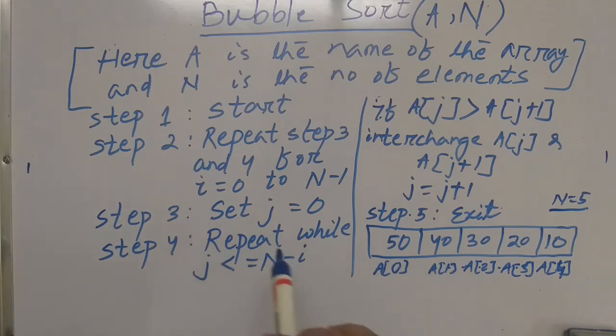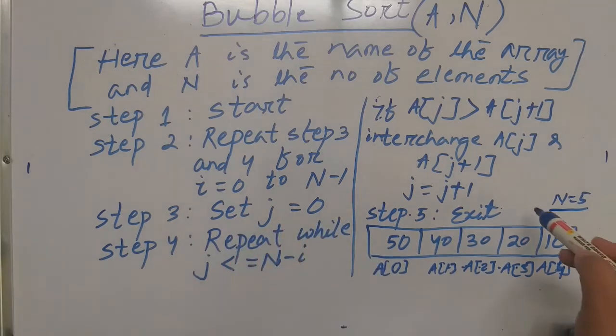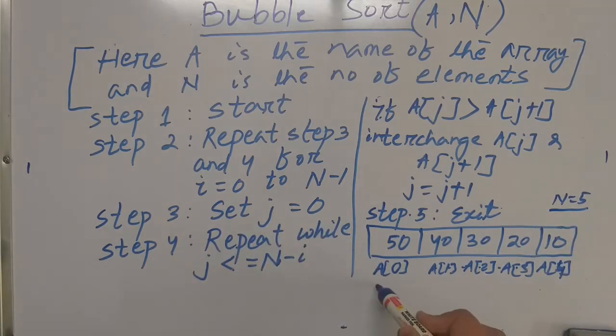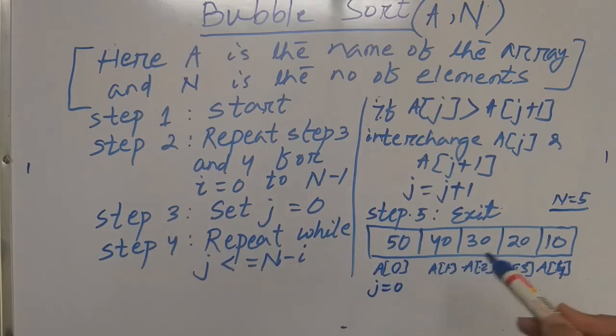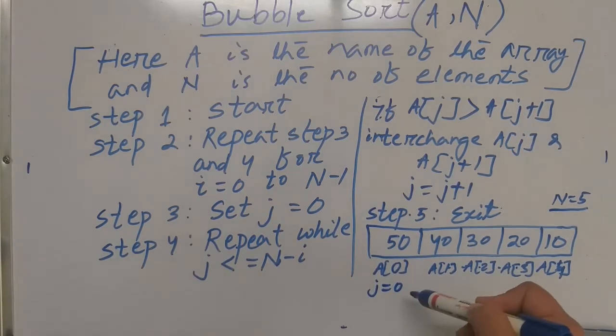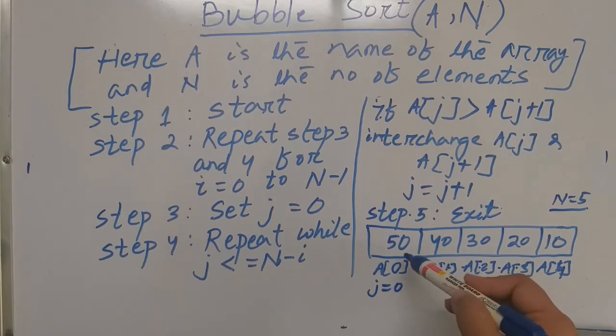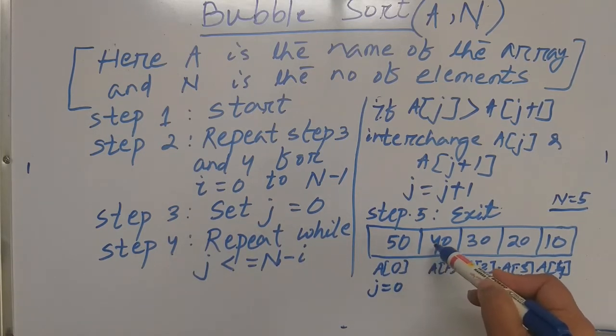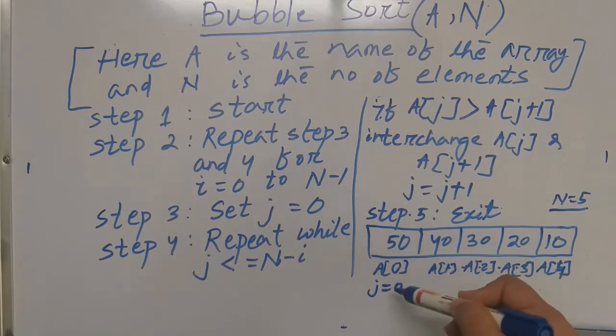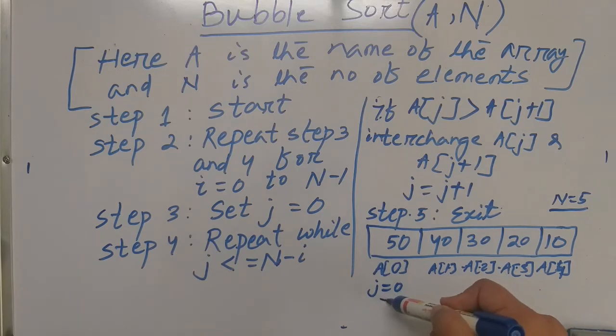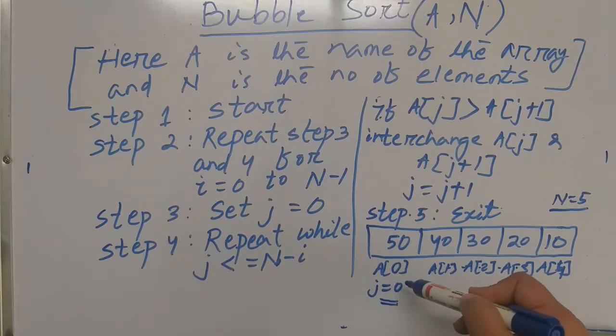Then set j equal to 0. Initially we set the j value equal to 0. Why do we do like this? Because we interchange this with this with this. That's why we are writing j equal to 0. We are taking another value.